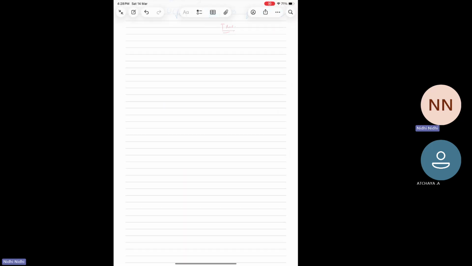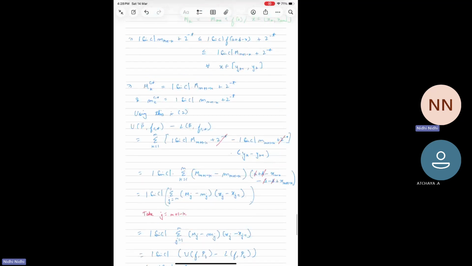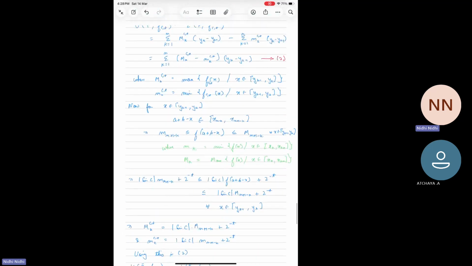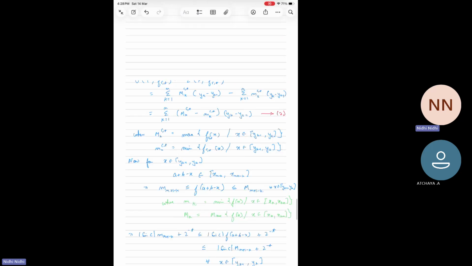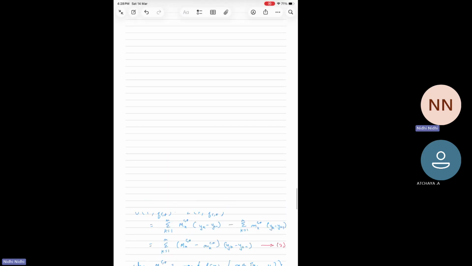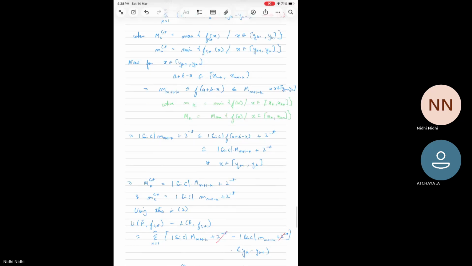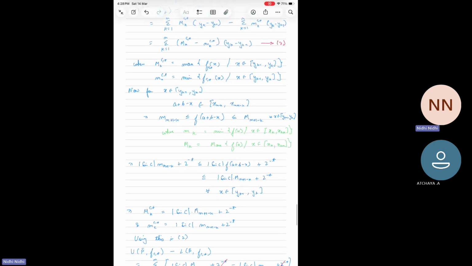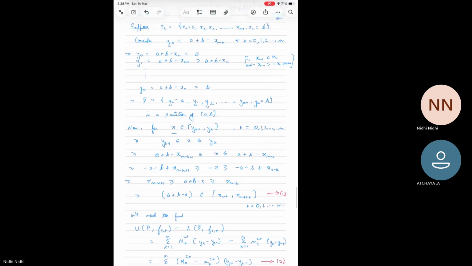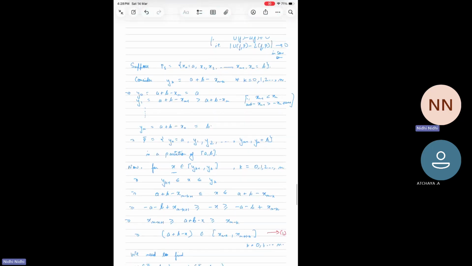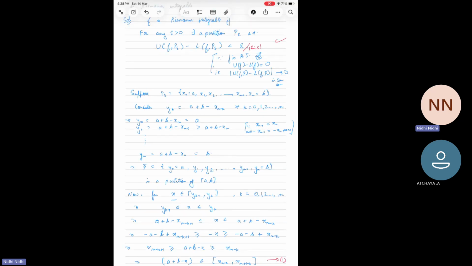Please go through this solution once again. It might be a bit calculative and in detail. If you have any doubt at any step, please let me know. I can wait for 5 minutes. We can discuss if you have any doubt at any point. So all we have used is the fact that f is Riemann integrable and hence we have a partition such that this condition holds.